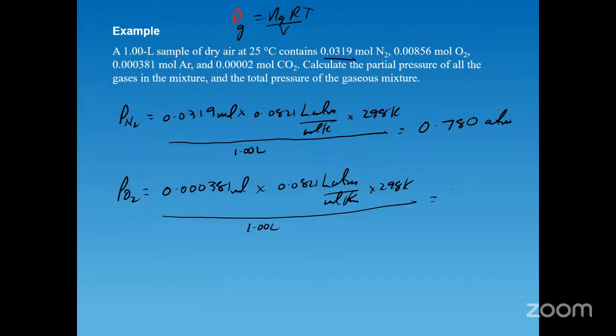And let's see what that gives. 0.000381 times 0.0821 times 298. Let me do this again. Okay, so that is indeed it. Okay, so 9.32 times 10 to the minus 3 atmospheres.